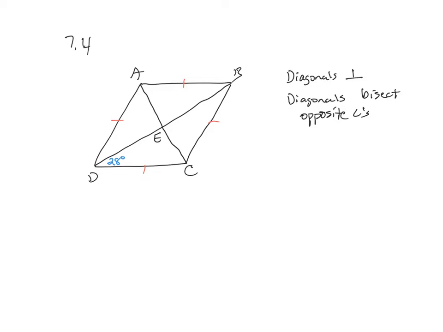and that, let's say, AE equals 6 and BE equals 9. Okay, so AE is 6 and BE is 9.